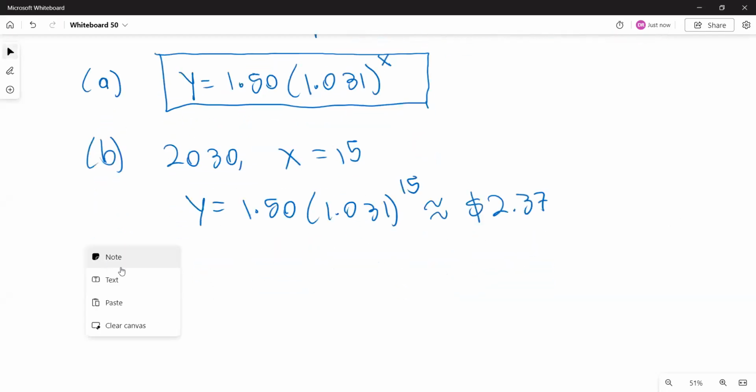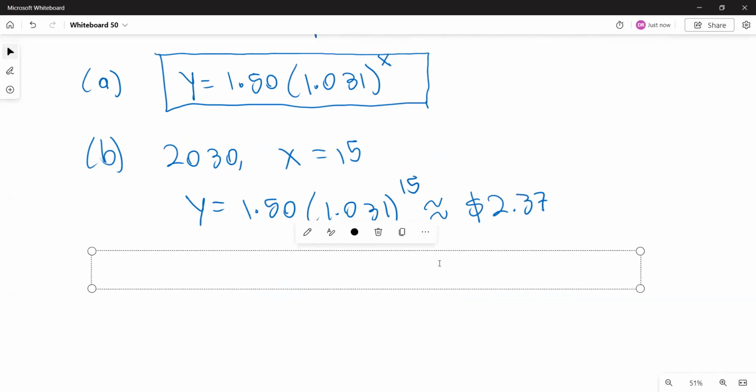So in 2030, the same cup of coffee would cost $2.37 according to this model.